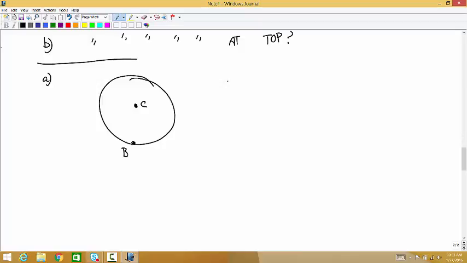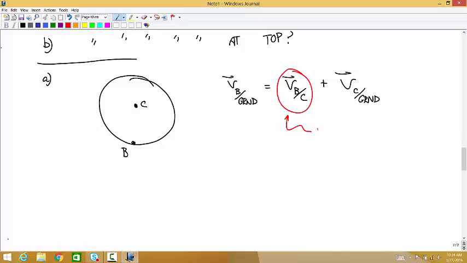So the velocity of the bottom point relative to the ground is equal to the velocity of the bottom point relative to the center plus the velocity of the center relative to the ground. So this is the velocity B would have if the center was fixed.